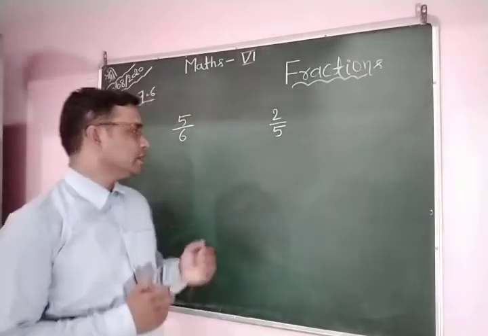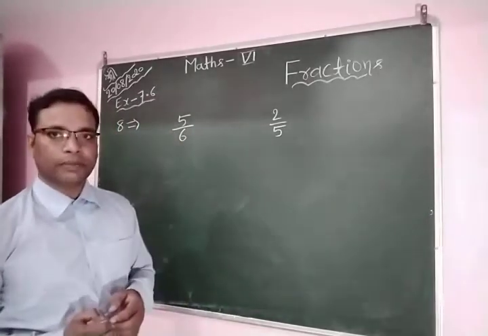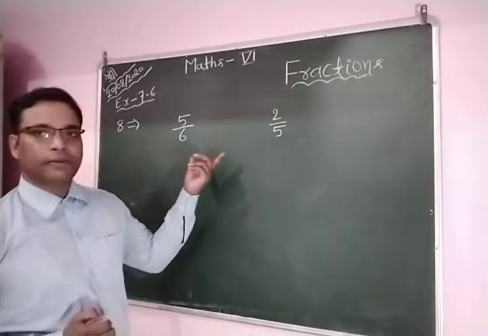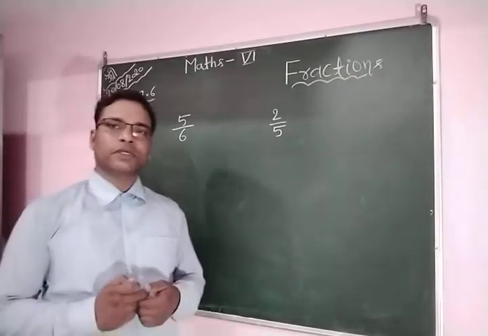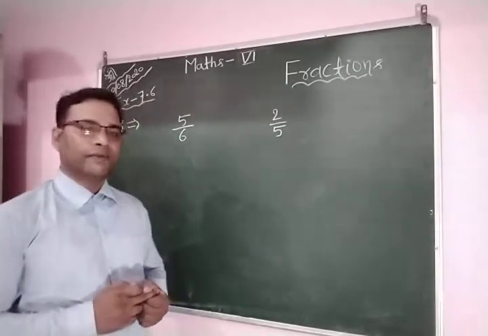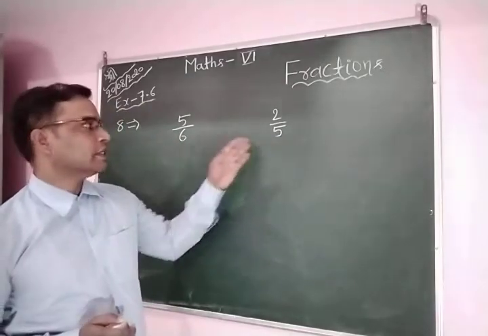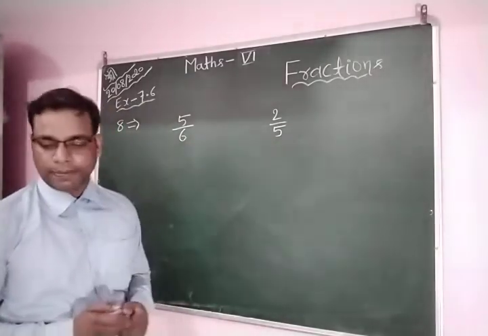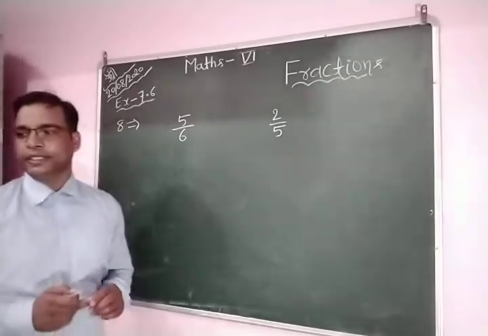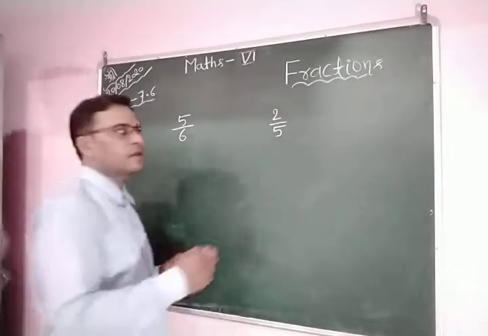Okay, so here these are given fractions. So first we compare these. These are unlike fractions. First we convert them into like fractions. So what is the LCM of these? LCM of 5 and 6 is 30.